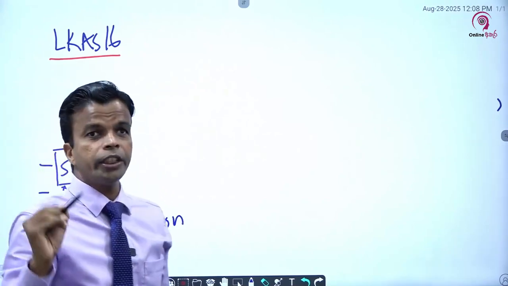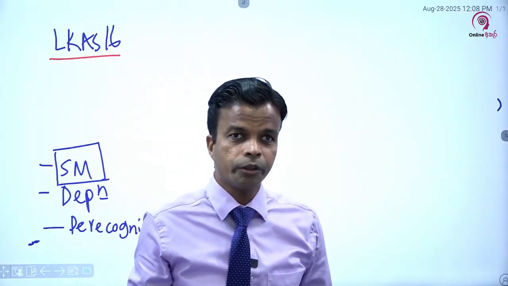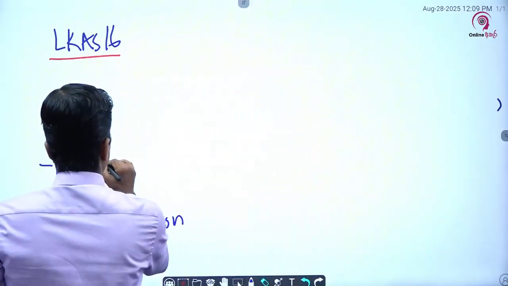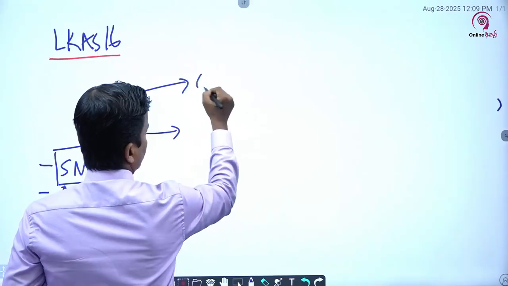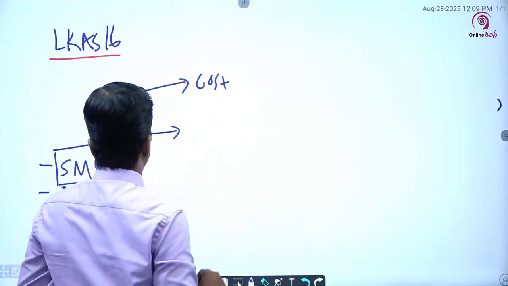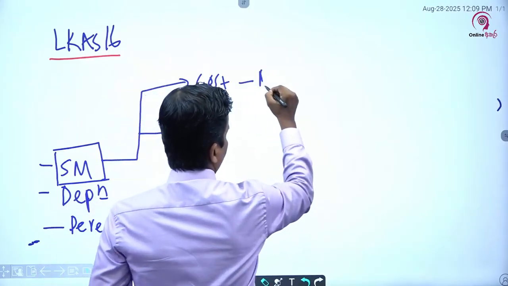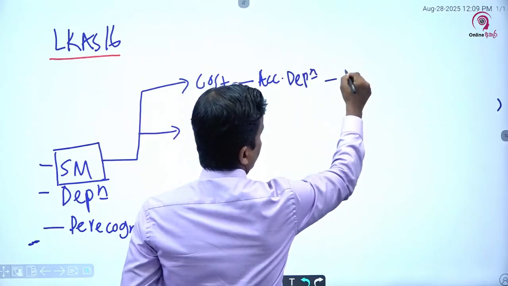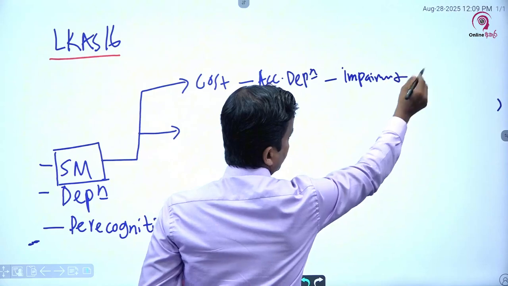So, initially we recognize that cost. When it comes to subsequent measurement, you don't necessarily need to continue at cost. So, there are two policy choices, right? One, you can continue recording at cost less accumulated depreciation less impairment, right?